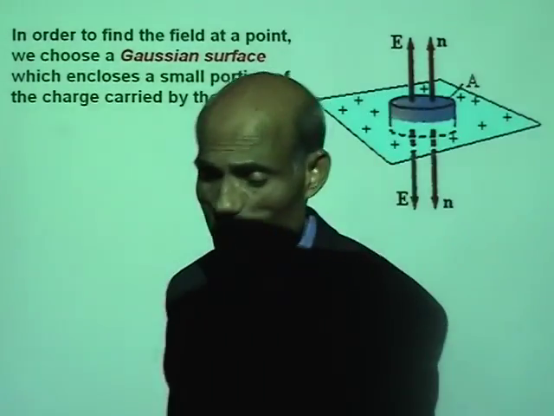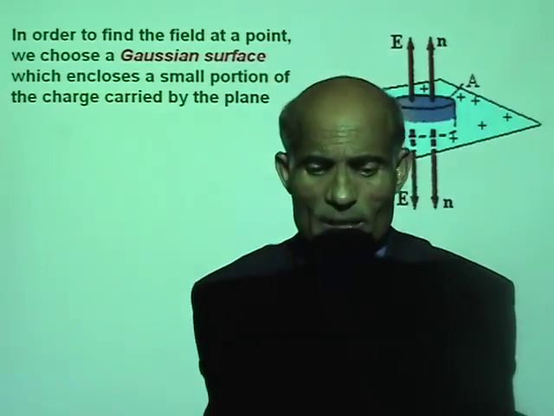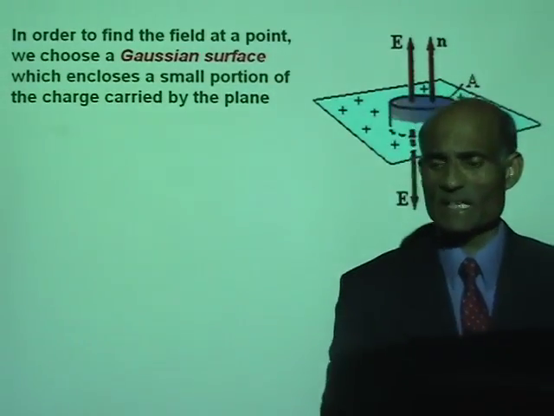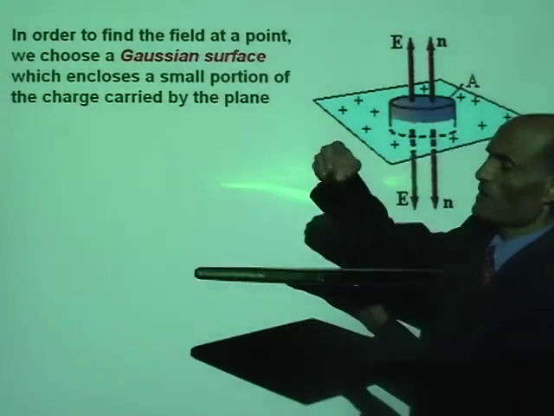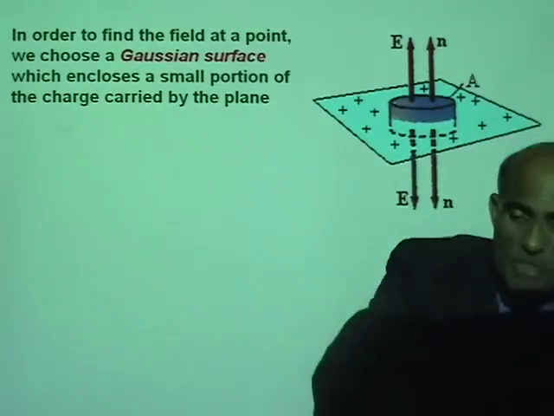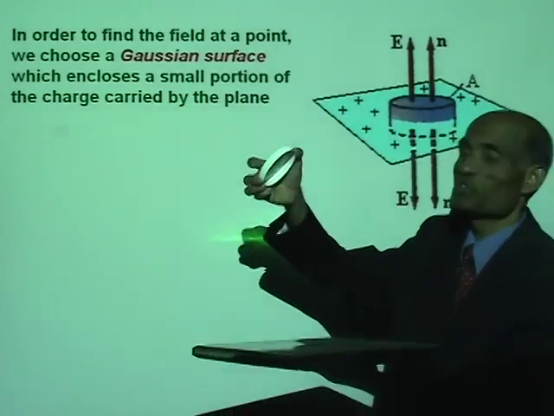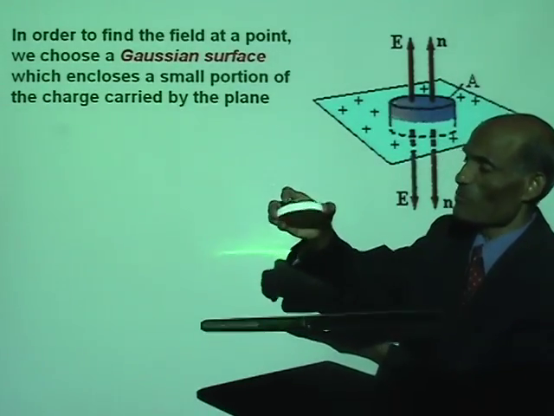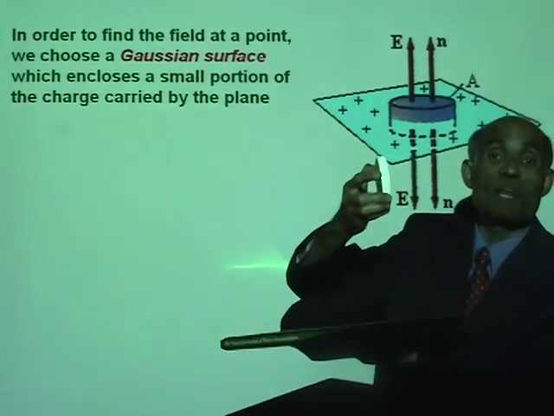Now, I want to find the electric field at a point near this surface. So I'm going to use a Gaussian surface shaped like a pillbox.